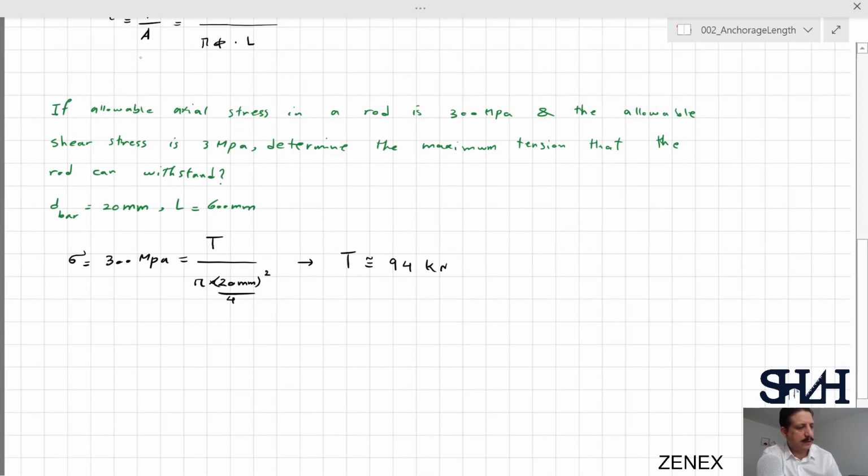And according to tau, which is only 3 megapascal, T divided by pi phi, where phi is 20 millimeter and L is 600 millimeter, based on the shear resistance of the rod, it is 113 kilonewton.